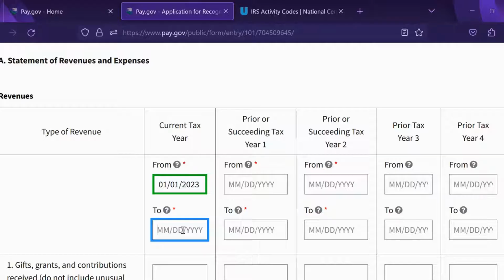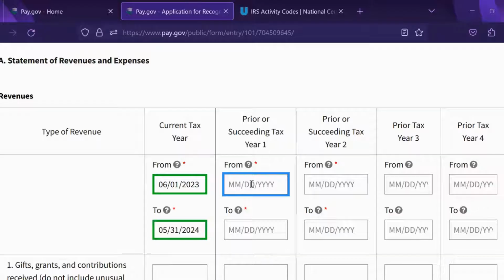Now, we did mark that we are completing a fiscal year, which ends in May. So we are doing 06/01/2023 to 05/31/2024.